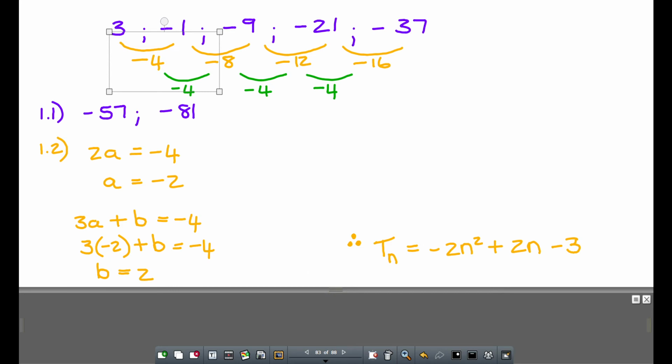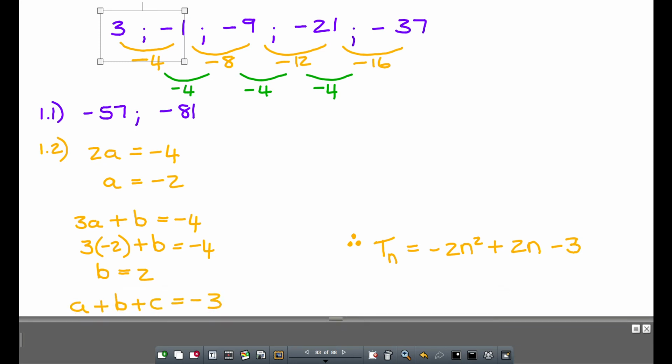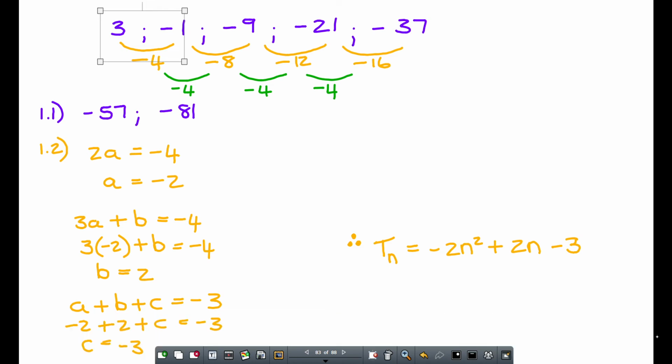Nee. Goed. Now, if I take that very first term, and I make that equal to A plus B plus C, dan gaan ek nou vir C kan uitwerk, but I have to use the A and the B values. Substitute those in. A was minus 2, B was 2, and C we're still working out.